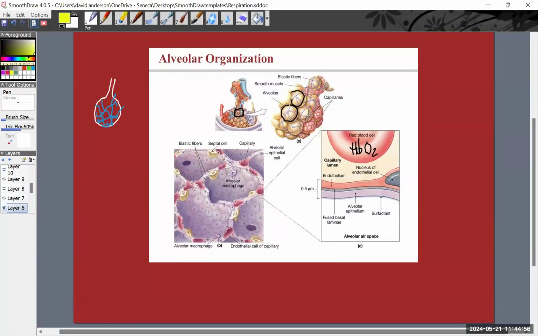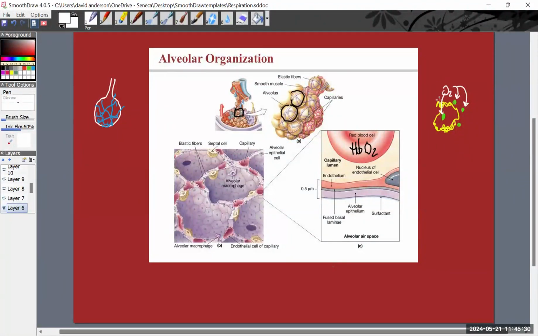So hemoglobin was a protein molecule that had chains, and it was made up of 4 chains, and within each of the 4 chains, there's a binding site for oxygen. So we have 4 binding sites for oxygen, and then the oxygen is going to bind to all 4.